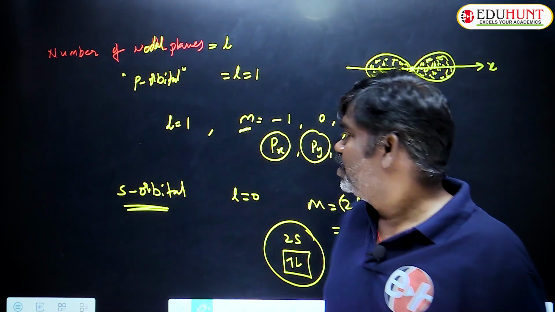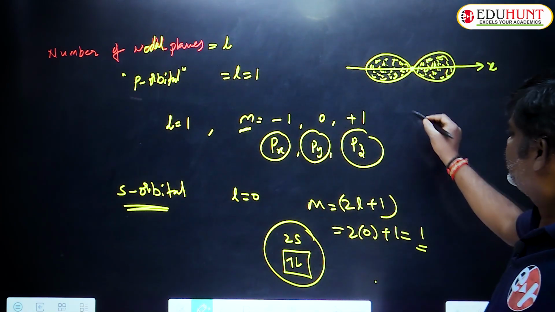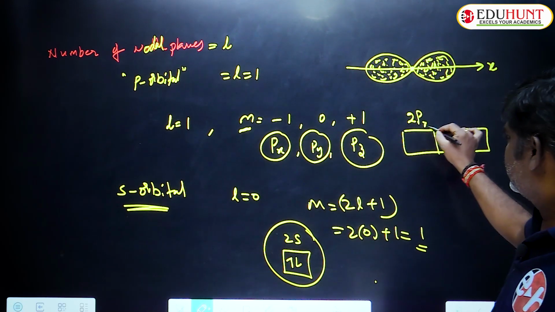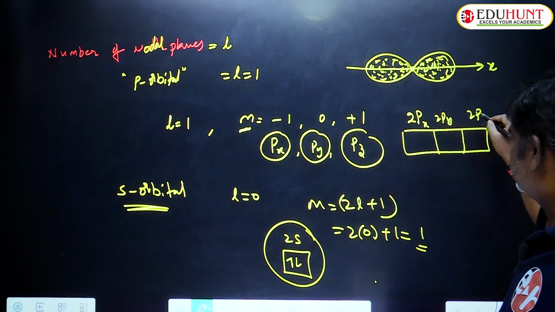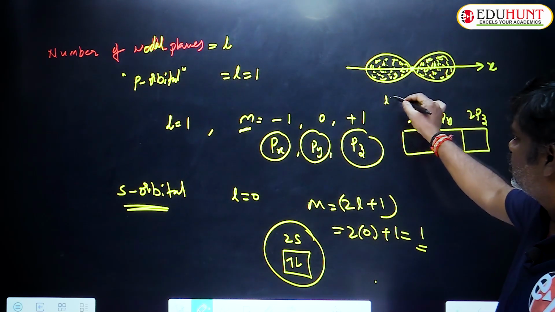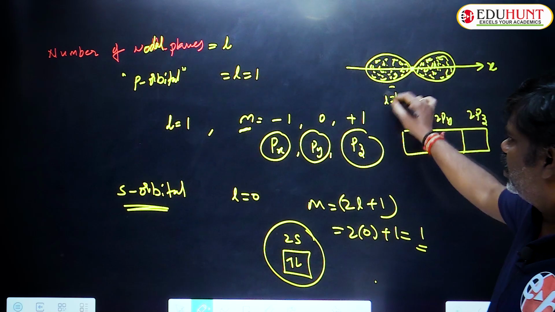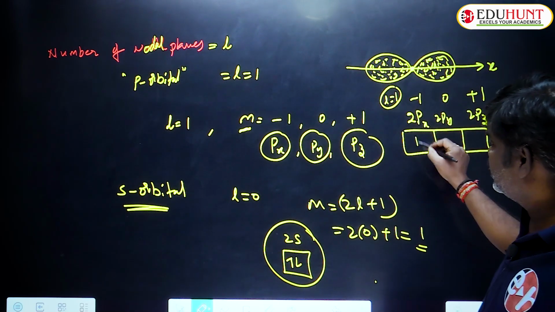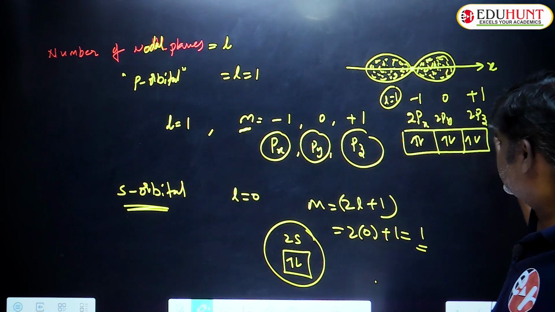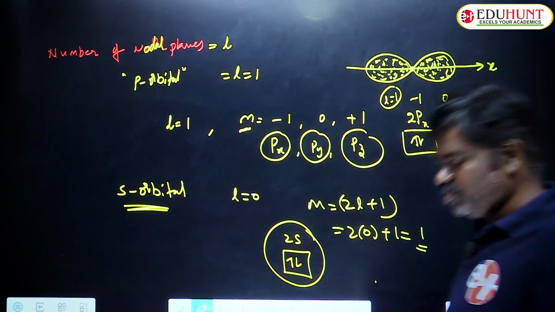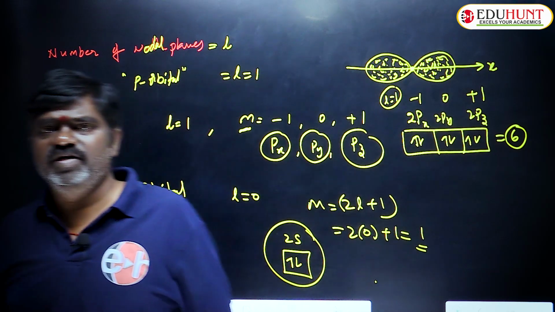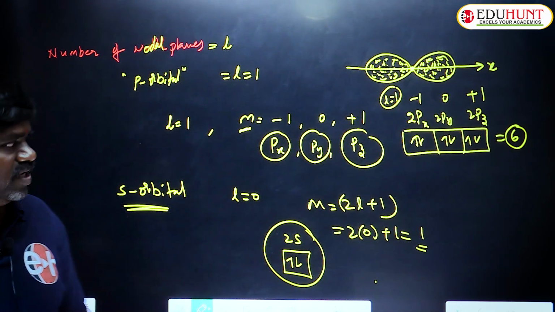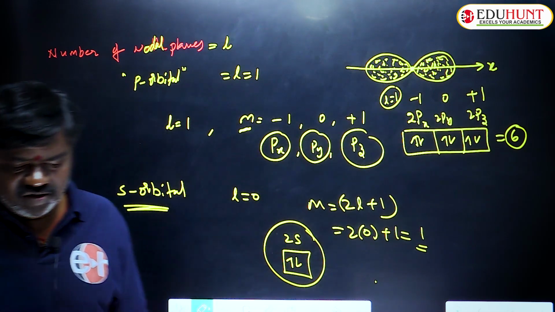For the 2p orbital, it contains 2px, 2py, 2pz, because the l value is 1, so m is minus 1, 0, plus 1. The maximum number of electrons is 6. So based on the magnetic quantum number, we can explain the spatial orientation of orbitals.